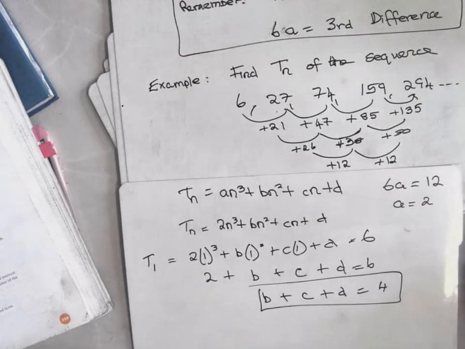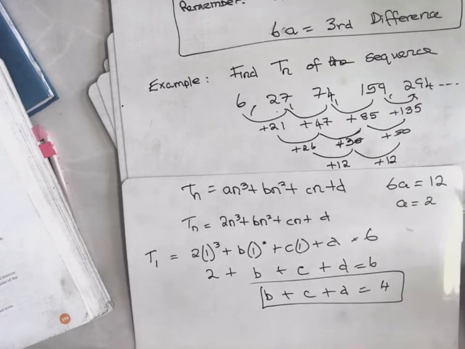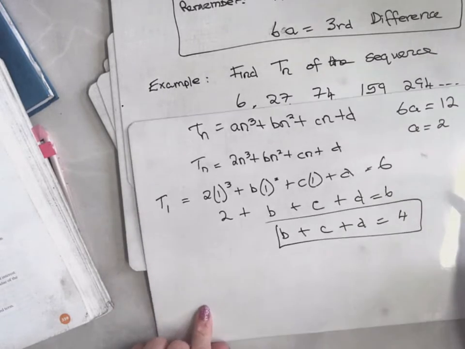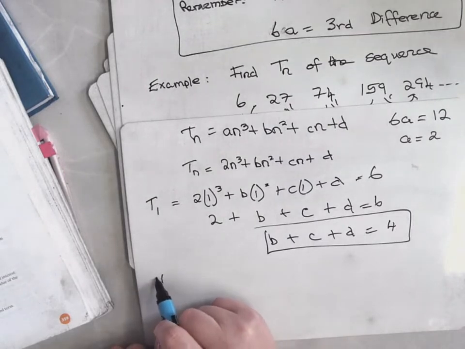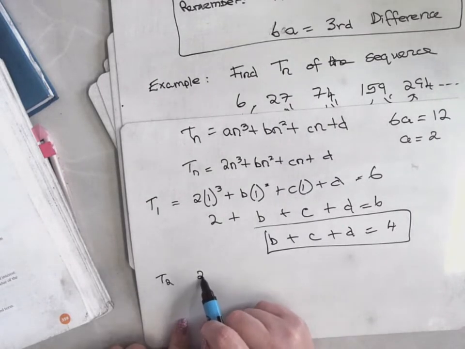Is that alright? Can I move it up a small bit? I'll still leave the sequence there for a minute. Term number 2 means everywhere I see an n, put in a 2.